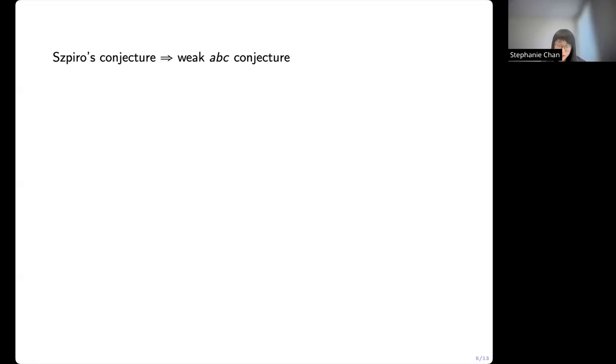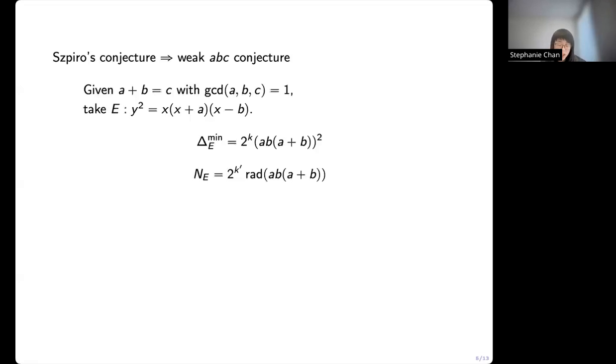There is an explicit construction: given an ABC triple, A plus B equals C with A, B, C coprime, we can construct an elliptic curve using A and B, and then compute the minimal discriminant and the conductor of this family of elliptic curves.